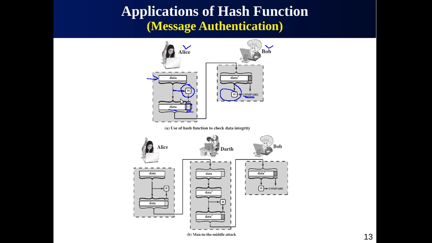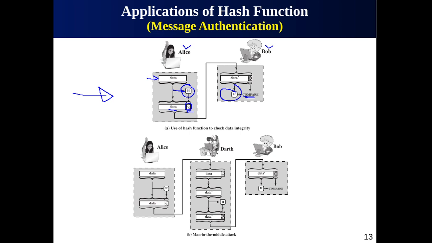Okay, so let me repeat this. We can use a hash function for message authentication. Here we need to send two things, the original data as well as the hash value. Then at the receiver side, the receiver will apply the same hash algorithm on the data that he or she received, and will generate the hash value.